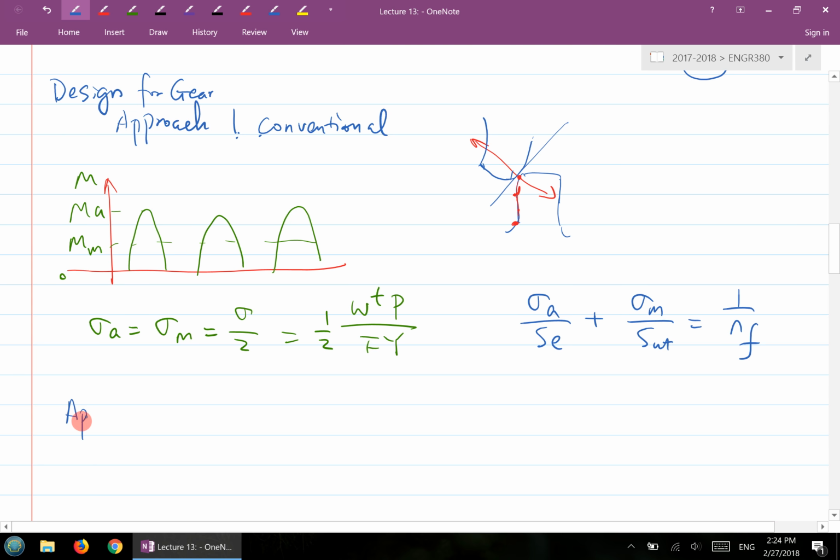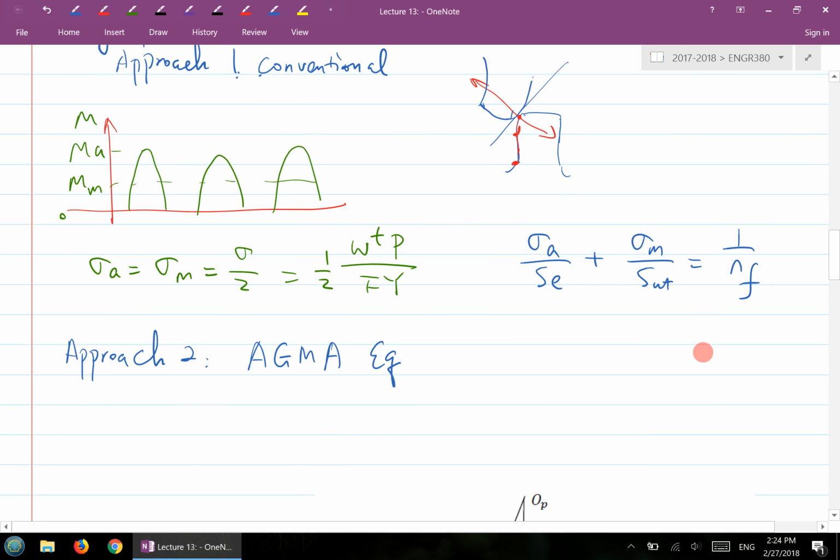Now another approach, which is the approach we're going to use for our design, is basically to use the so-called AGMA equation. AGMA stands for American Gear Manufacturers Association. It's an equation recommended in the AGMA standard, so it's basically the industry standard here.